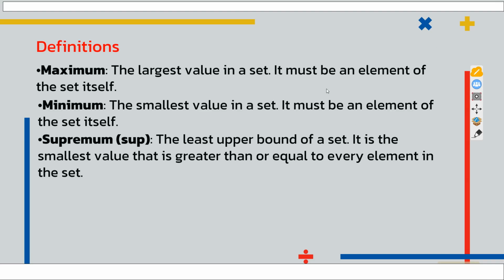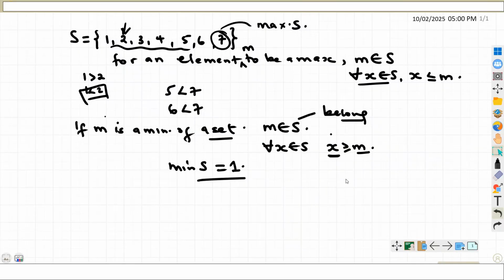So we should be able to differentiate it from the maximum of a set. What we are saying about the supremum is, for example, you have your set consisting of the elements 1, 2, 3, 4, 5, 6, and 7, and we are to talk about the supremum.